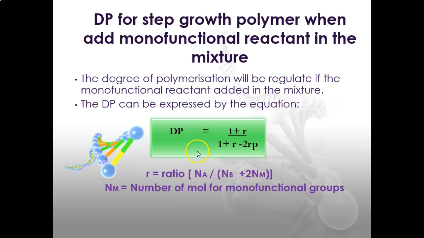So if r equals 1, DP is 1 over 1 minus p. So when the monomer is completely used up in the polymerization, we assume that the p, which is the extent of the reaction, is equal to (1 + r) divided by (1 - r). So don't worry too much about the equation.